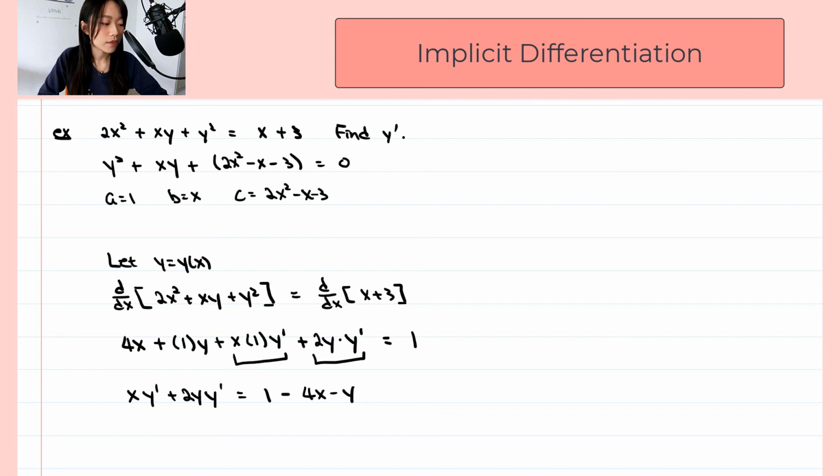Now I want to isolate for y prime, so I'll factor out the y prime. So x plus 2y, times y prime, equals the right-hand side, 1 minus 4x minus y. So now I get the derivative of y, which is 1 minus 4x minus y over x plus 2y.